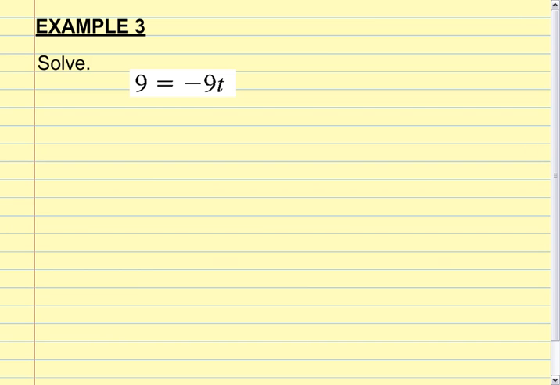Example number 3 says solve. Now Carson, the question that I have for you is, what does solve mean? What is solve telling us to do? To get your answer. Get not my answer, but get the value.